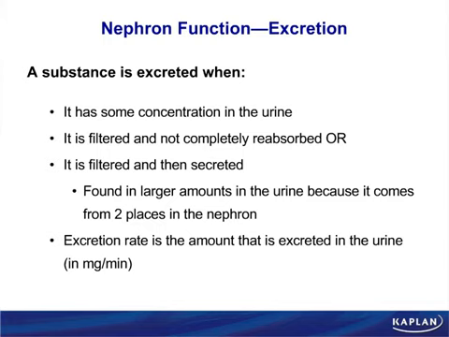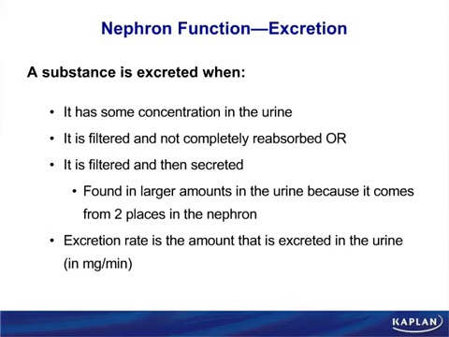So, substances that are excreted in larger amounts, those are substances that are filtered and secreted. Now, a substance can be excreted without being secreted. So be very careful here. There are certain substances that can be excreted without being secreted. I want you to think about one, because there's one common one that you will be questioned on in Step 1, and we'll talk about it later. By the time we get to it, you should know what I'm talking about.